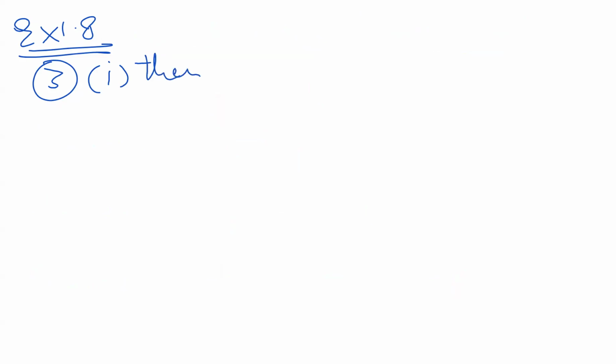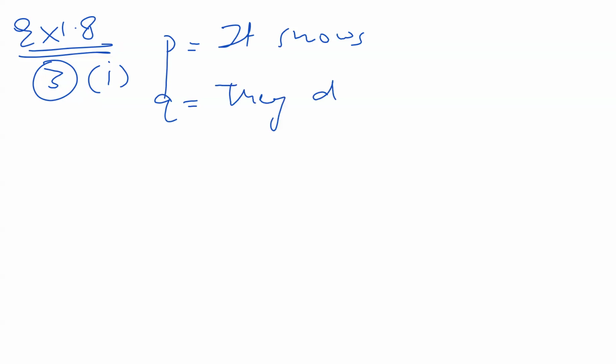Tell me what is the logical connective over here? If then, correct. So what is P? It snows. Be very quick in answering. Q: they do not drive the car.